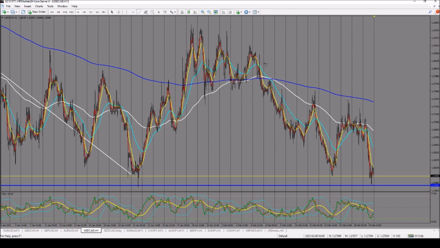This is also supported by these drops: the first drop on H1, the second drop, and then the last drop. So I anticipate to see a move of going long, and this follows after sufficient confirmations as well as setup presentation.